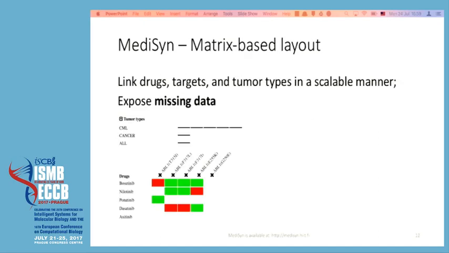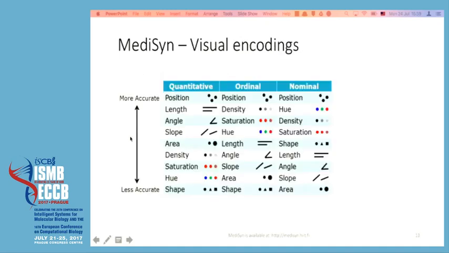So in consideration of scalability, we adopted a matrix-based layout. It shows the drugs in rows and the targets in columns, and the tumor types also in rows above the targets. And we encode the data parameters based on Mackinlay's ranking.